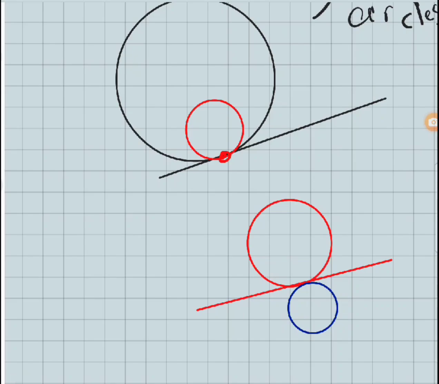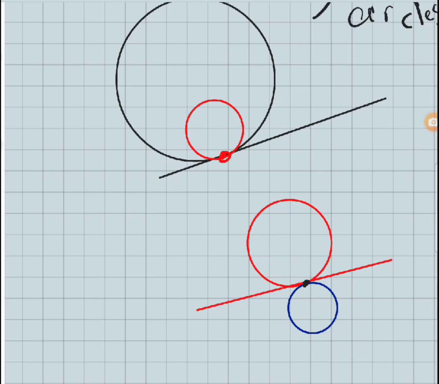Now, on the left, those two circles are internally tangent to each other. And this is because one circle lies inside of the other.